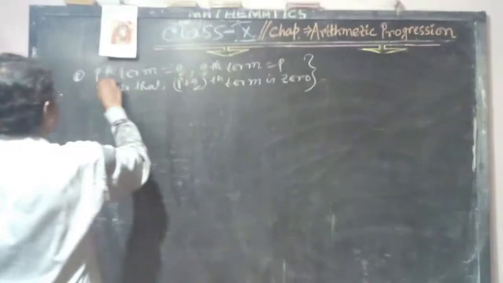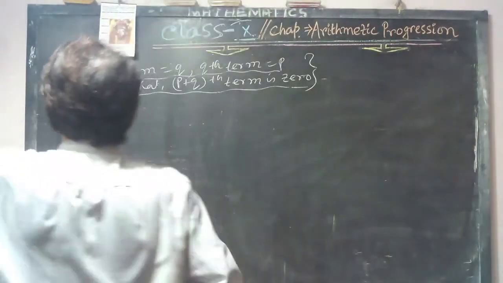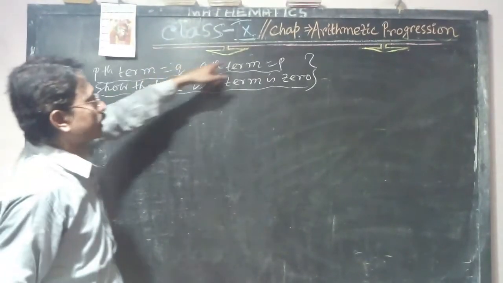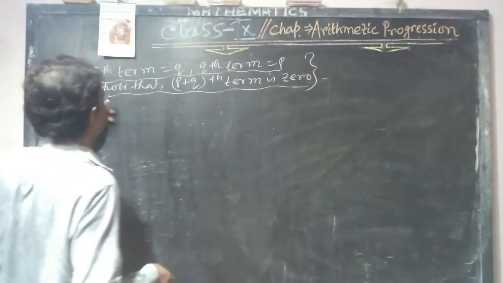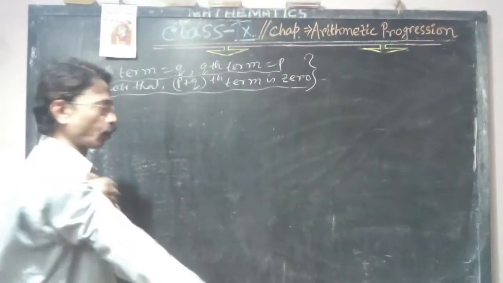Very important math. In an AP, the pth term is q and the qth term is p. Prove that, or show that, the p plus qth term of that AP is 0.